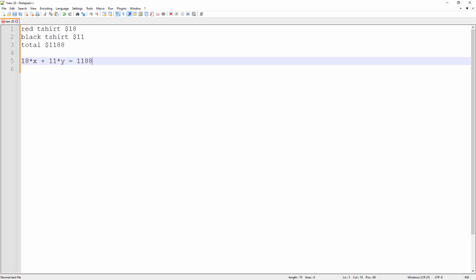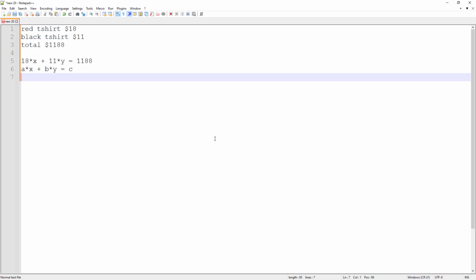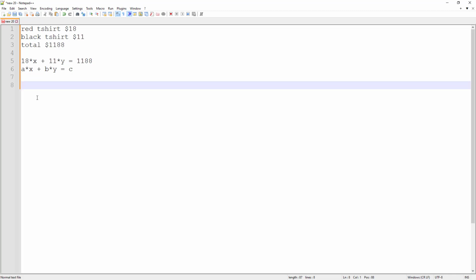This is actually called a Diophantine linear equation, and it can be translated as a times x plus b times y equals c. Of course, we are only interested in whole numbers because we cannot have half a t-shirt or 1/10 of a t-shirt. So only whole numbers are accepted in the Diophantine equation.